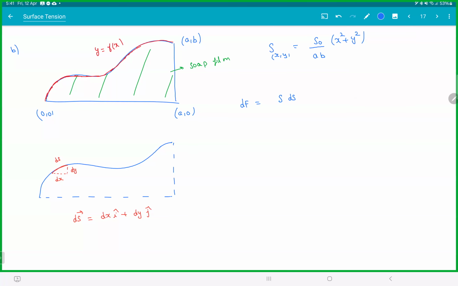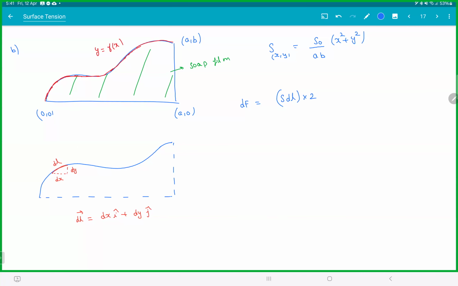Into 2 because there are two surfaces. This S is already there. Right.